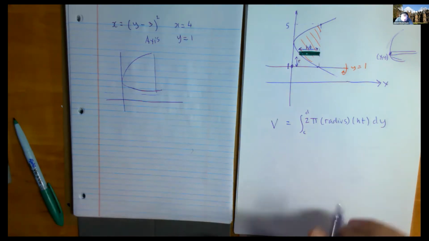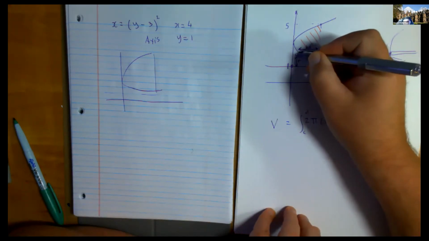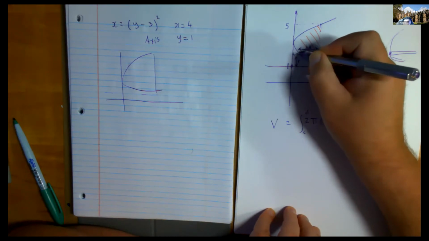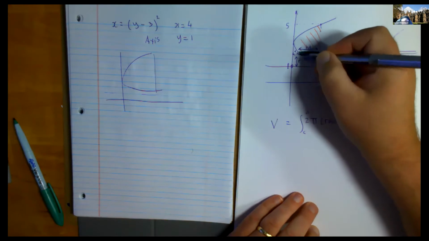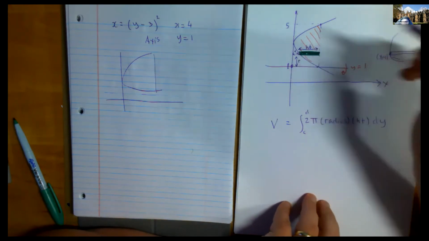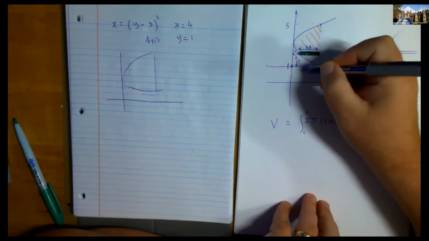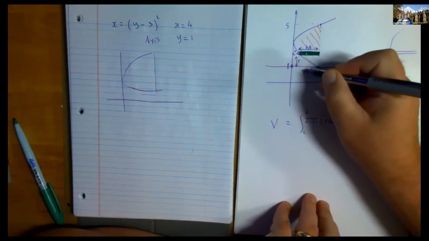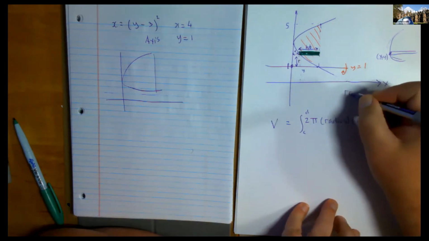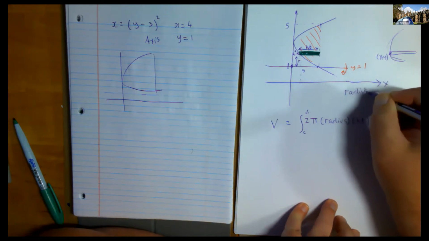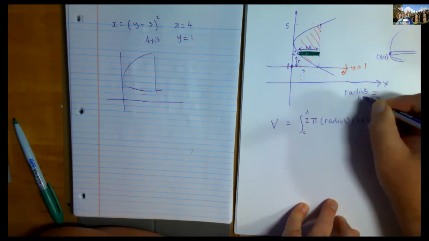So what that is telling me is that the distance from here is x, and the distance going up and down, all the way to the bottom, is y. So let's see if I can put that together and get my two things. I have my radius and I have my height.